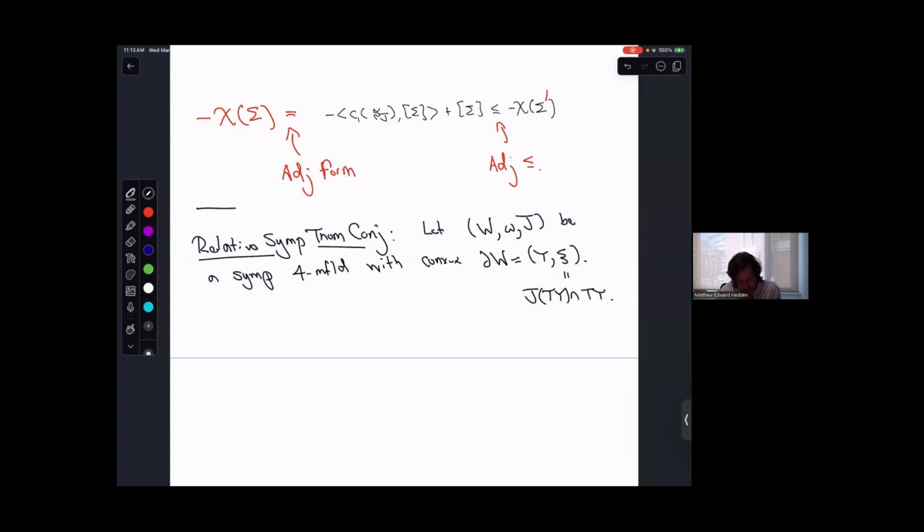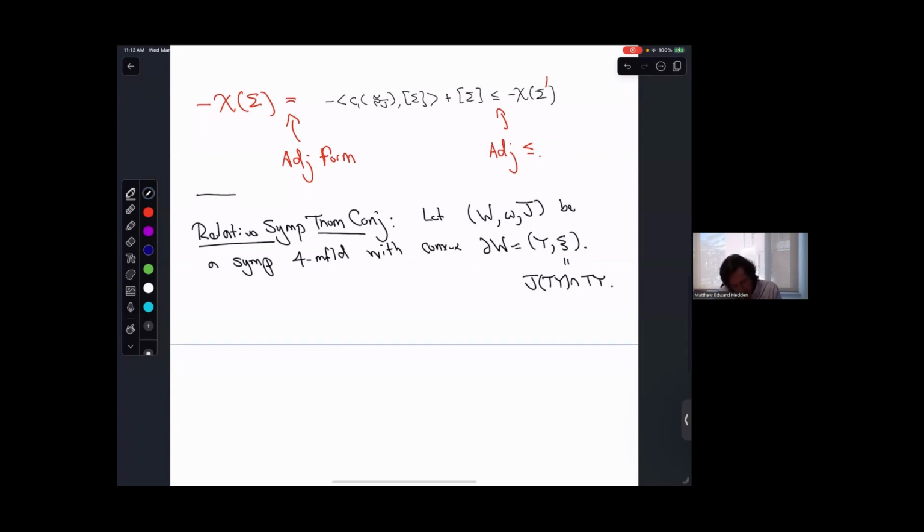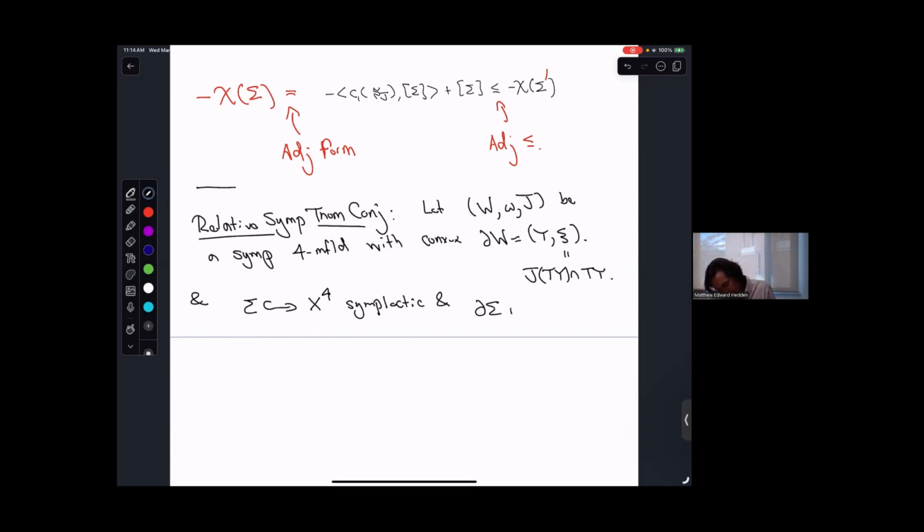Okay, and so suppose I have a symplectic four manifold with convex boundary, and that sigma is a smooth and properly embedded surface, which is symplectic, and whose boundary is transverse to this plane field, this contact structure that you have on the boundary.